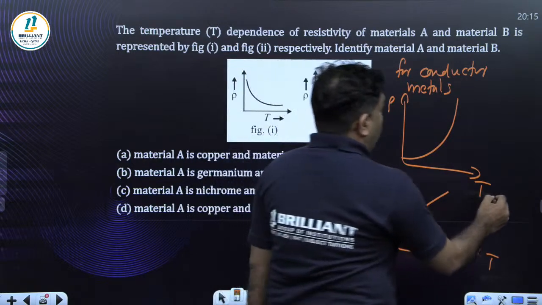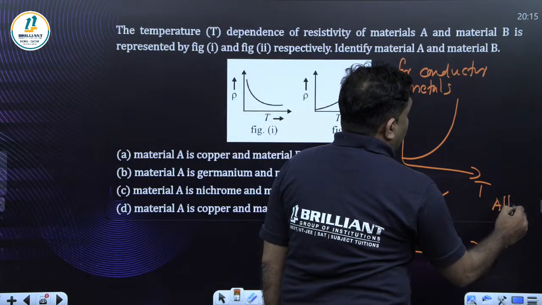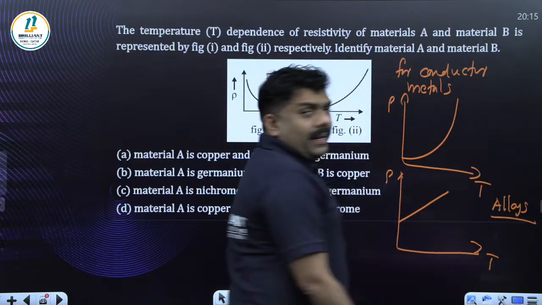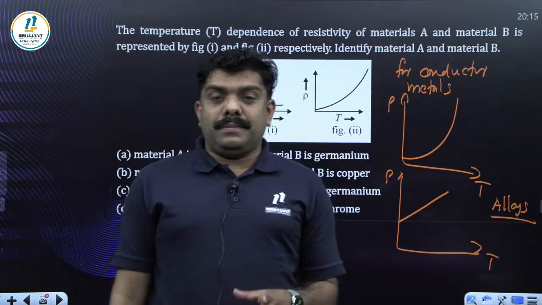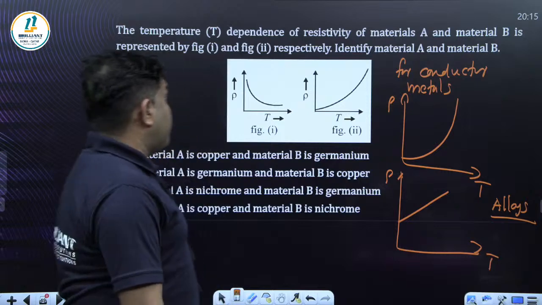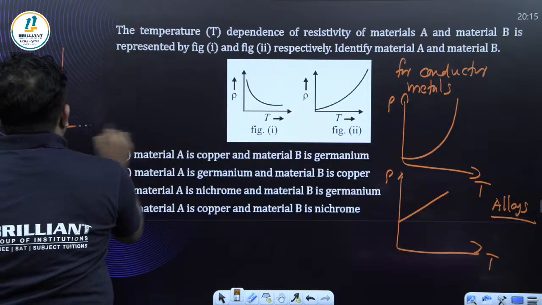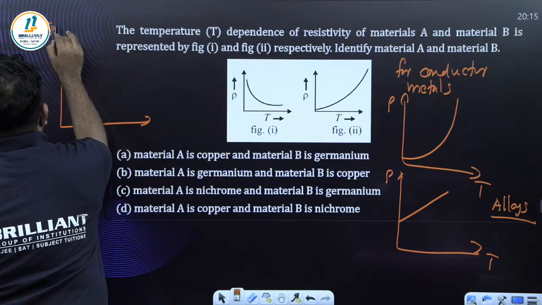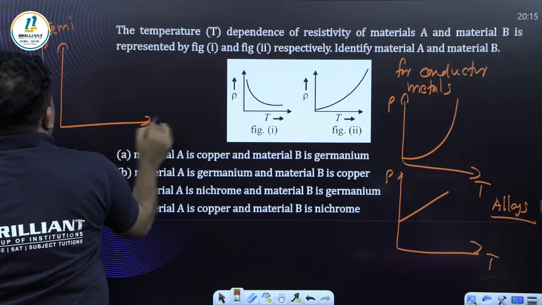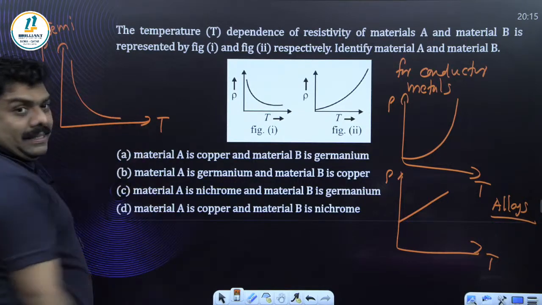The second graph is for alloys. And for insulators and semiconductors, the rho-T graph is coming like this.